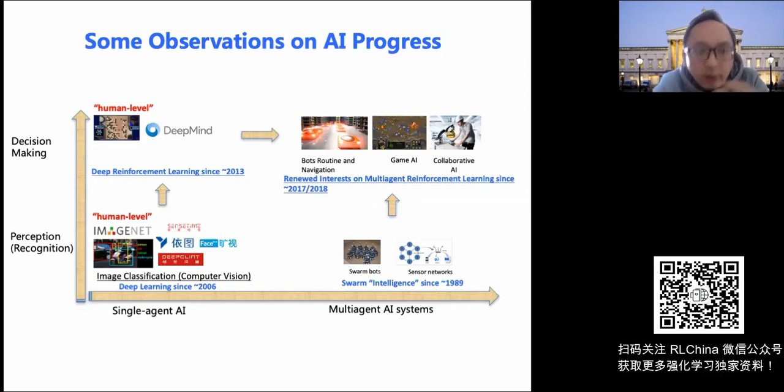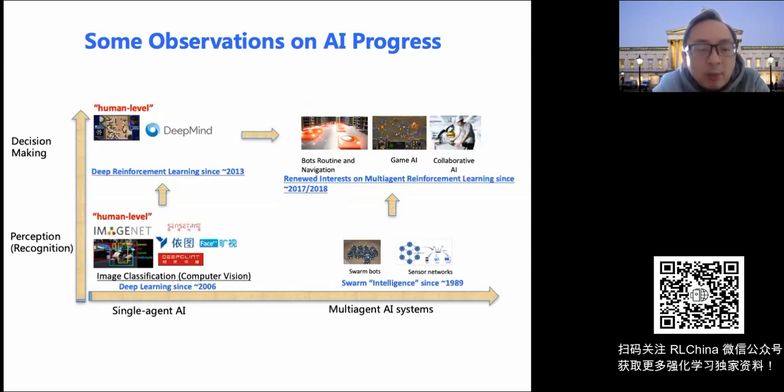Then you could go in two directions. One is from perception to decision making. When I say decision making, rather than recognizing things and extracting knowledge from the data, you take actions back on the environment. One of the main techniques is called reinforcement learning. And when you plug in neural networks, people find that indeed you can solve a lot of decision-making problems.